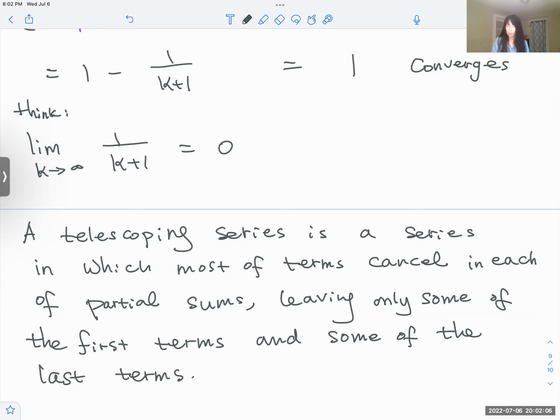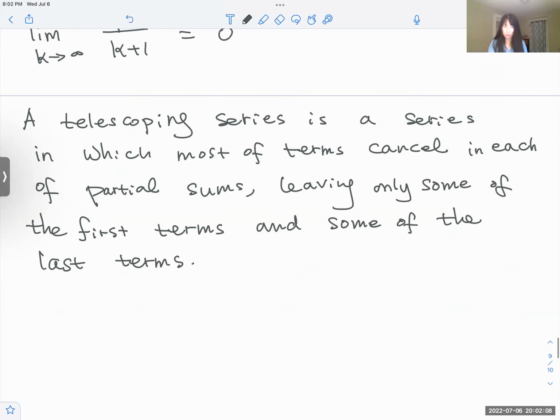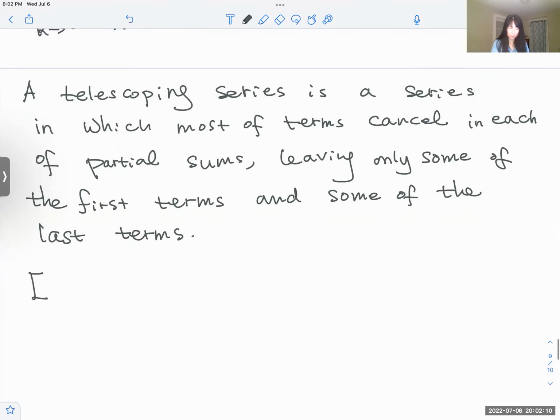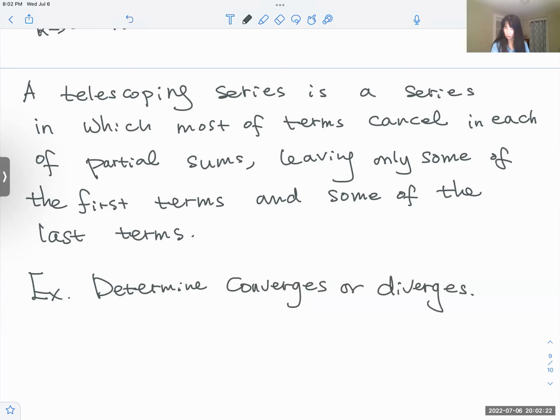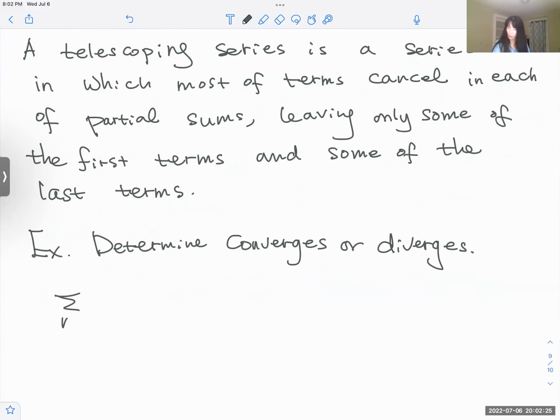Okay, so one more telescoping, then we're done. So we have, determine converges or diverges. Okay, we have the series cosine 1 over n minus cosine 1 over n plus 1.